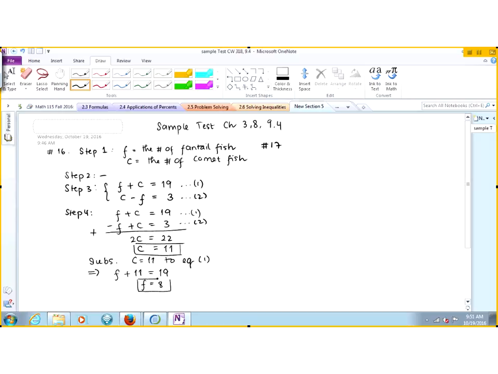What is F? 8. So comet is 11 fish, and then fantail is 8 fish. Right? Okay. Easy?